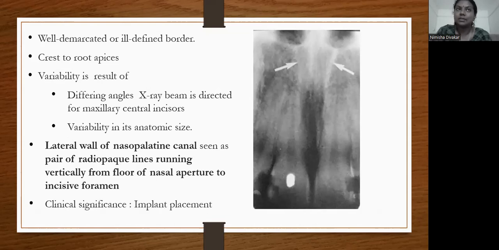The clinical significance of the incisive foramen, nasopalatine canal, and lateral walls of the nasopalatine canal is that when we are planning to put an implant in the central incisor or lateral incisor region, we have to know how distant the incisive foramen is from the implant site, because nasopalatine nerves and vessels traverse through the incisive foramen and nasopalatine canal.